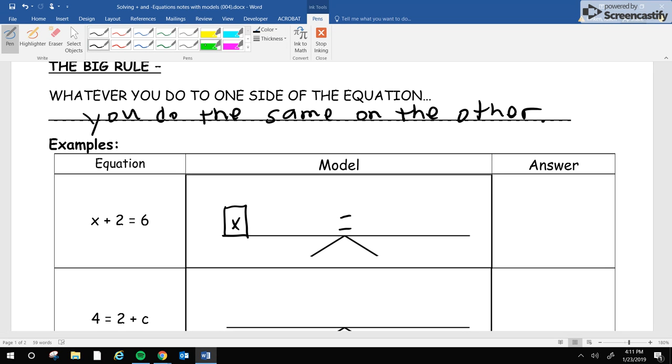Now, if you look over here, I have plus 2. Those are my two positives here. So my two positives are going to be 1, 2. On the other side, I have 6. That means I'm going to have 6 positives.